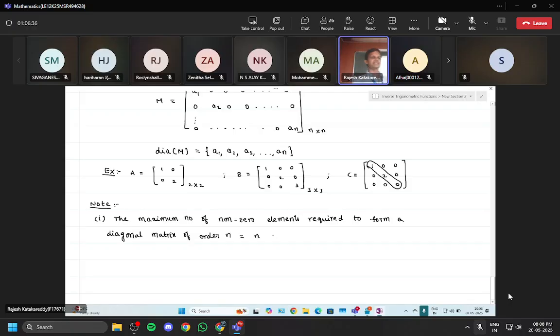Except for principal diagonal elements, everything should be 0. If it is of order n, the number of elements in the principal diagonal is n. So those n elements can be maximum non-zero.